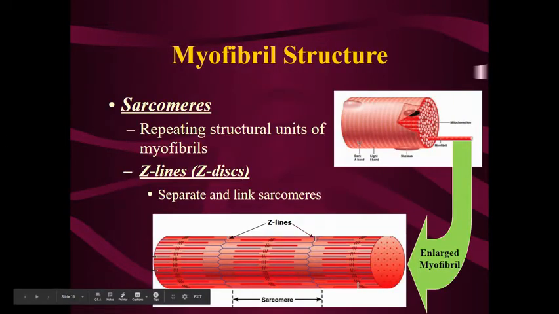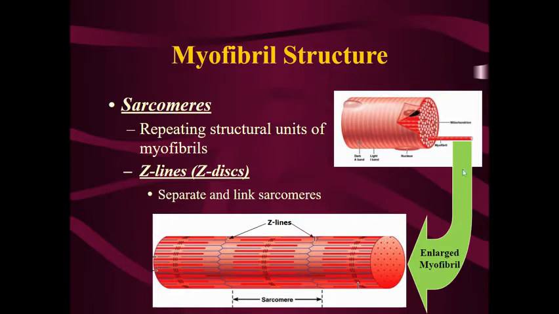So, myofibril structure. A sarcomere is a repeating unit on a myofibril. The myofibril will have these units called sarcomeres along its entire length. The sarcomeres are separated and linked together by Z lines or Z discs.